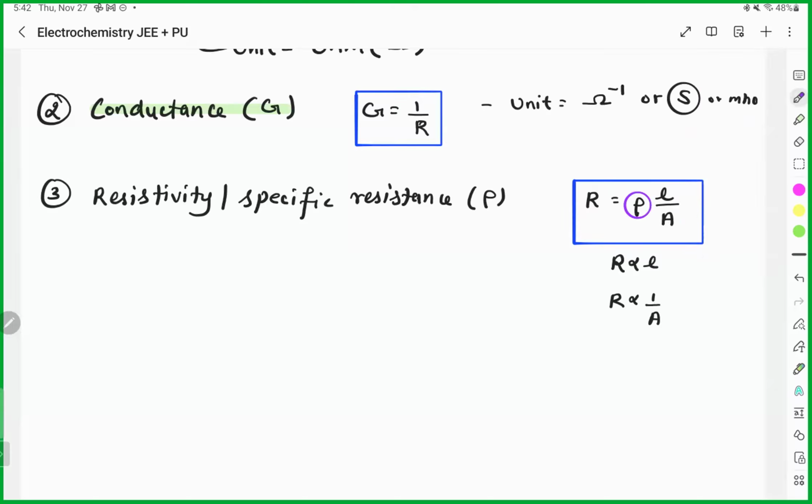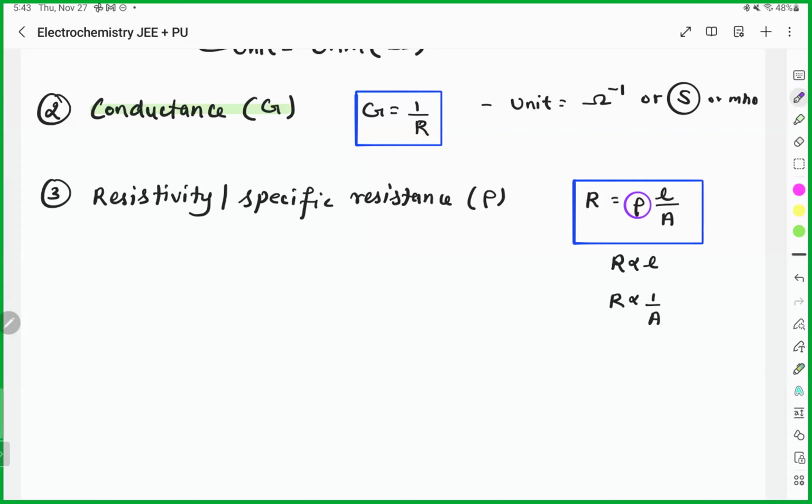It also depends on which path you are going. For example, you are going from your home to school. The distance is the same, the path is the same, but in one way you are going through the main Pakka road, and in another way you are going through the Kacha road, the muddy road. So resistance will be more in the muddy road, right? Everything else is the same. So it is the nature of material.